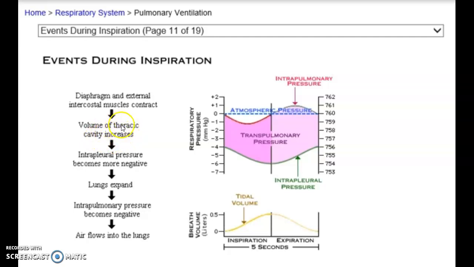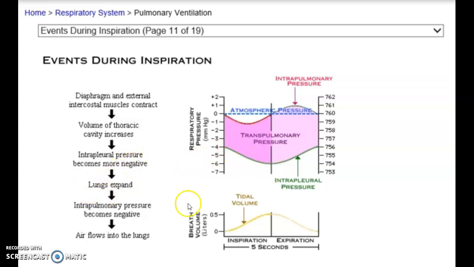Okay, now if the thorax is bigger, and notice what we're looking at here, we're working from the outside of the body finally to the inside. So what's the order of things that happen from the muscles all the way inside? Well, the muscles cause the whole thorax to increase. What we have next is, what do we have between the muscles and the lungs? Well, we have the intrapleural membrane, which means that this intrapleural pressure becomes more negative, okay?